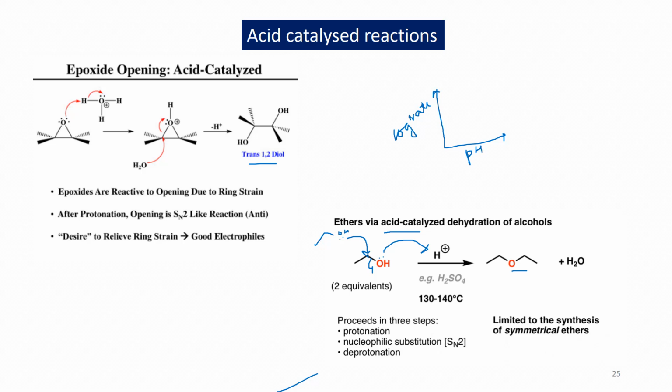Because these are acid catalyzed, if you are going from 0 to 7, the acidity will decrease. As much as acidity decreases, the rate will also decrease. So for this one, we will get this type of graph for the rate of the reaction.